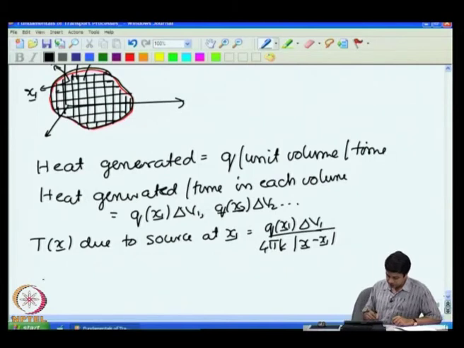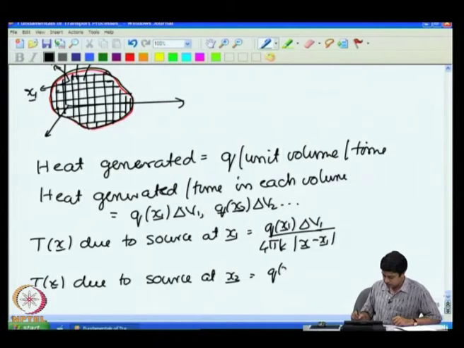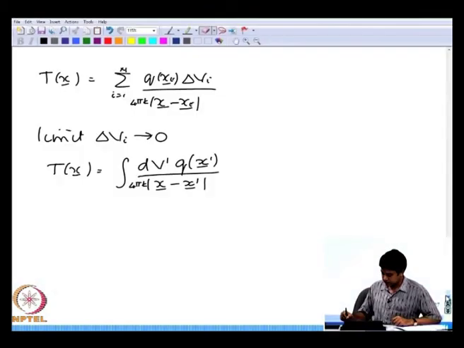Similarly, T at x due to the source at x 2 is equal to Q of x 2 delta V 2 by 4 pi k times x minus x 2, and so on for each of those differential volumes. That means that the total temperature at x is equal to the summation over all i equal to 1 to n of Q at x i delta V i by 4 pi k times x minus x i.